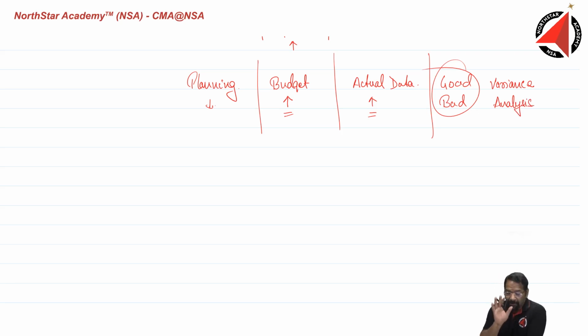You may ask me, why are we doing this analysis, whether we did a good job or a bad job? First, answer number 1, we want to investigate or identify the reasons why something became really good or why something actually did not turn out to be good. We need to know those reasons. Why? Because we need to fix those reasons. Unless we know the reason, for example, I wrote awesome in the exam but I failed.